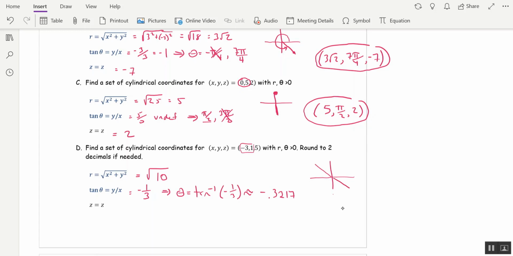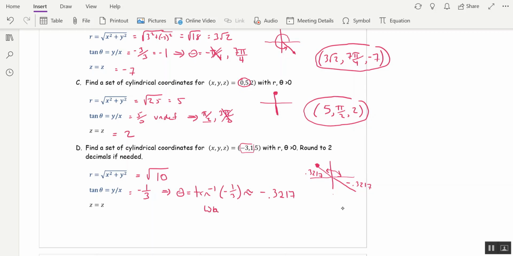So this is negative 0.3217 in here. But I'm up here, right? So this isn't the correct angle. By alternate interior angles, this is 0.3217 here. I want this angle, which is pi take away 0.3217.